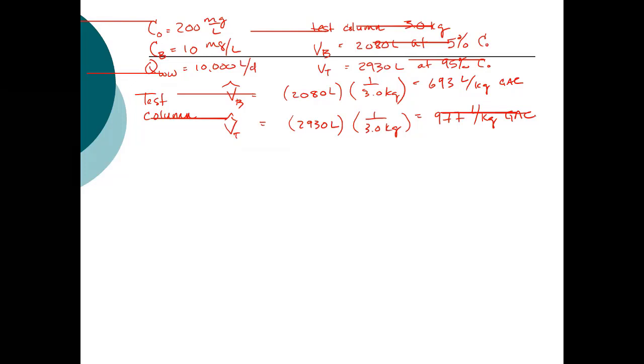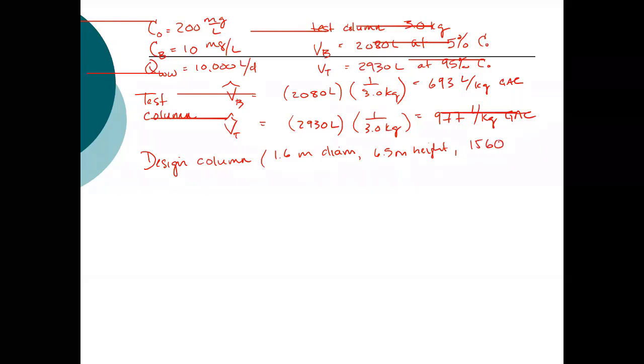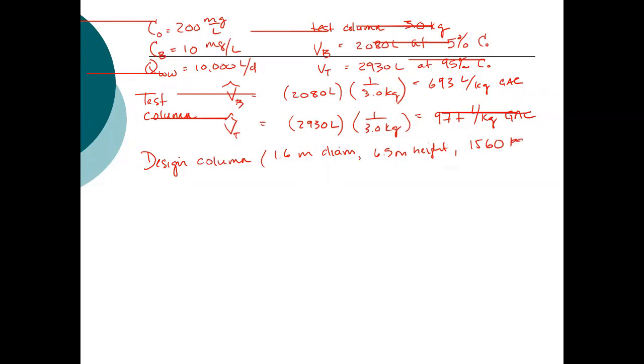So for the design column, which was 1.6 meters in diameter, 6.5 meters in height, and contained 1,560 kilograms of GAC.